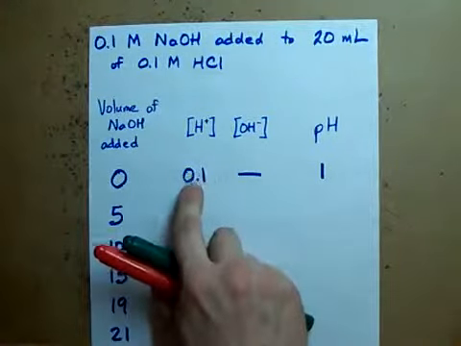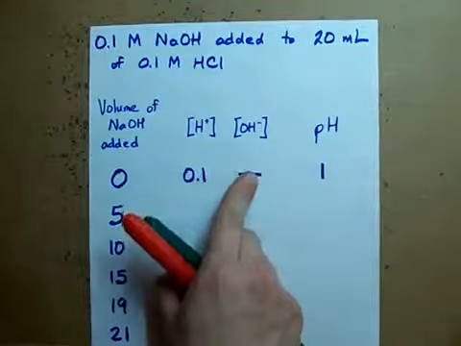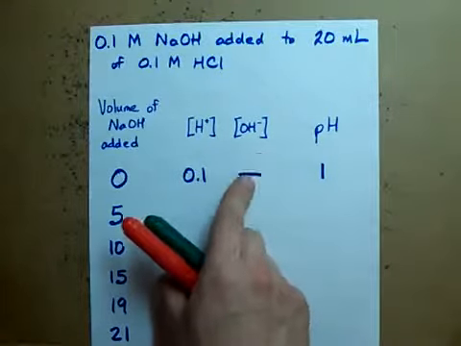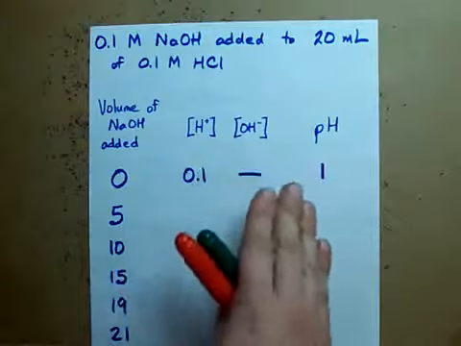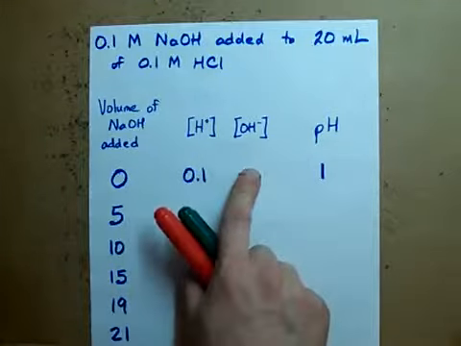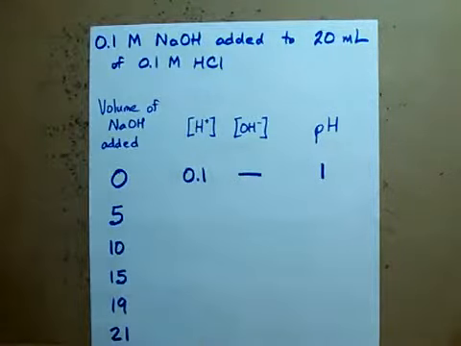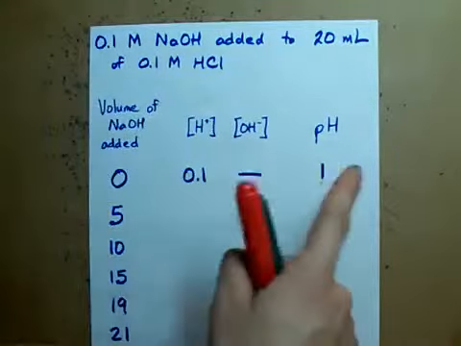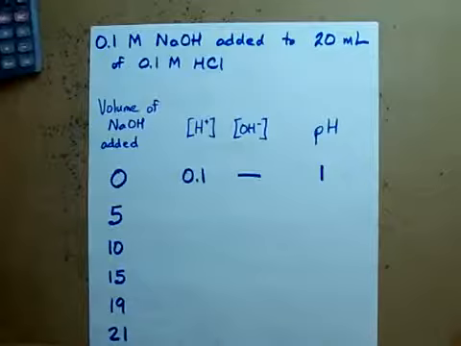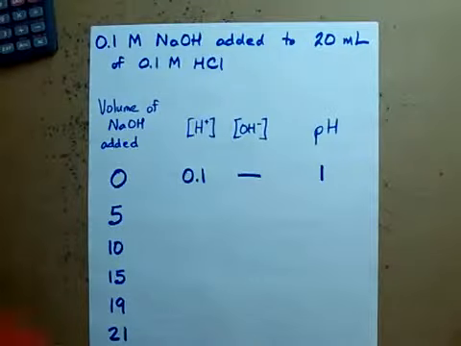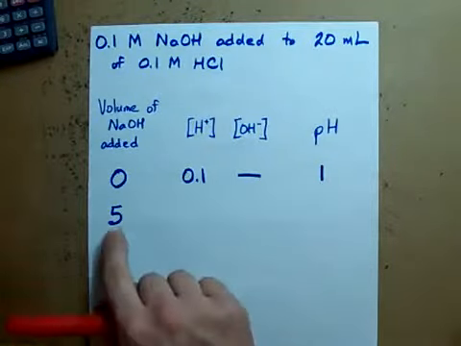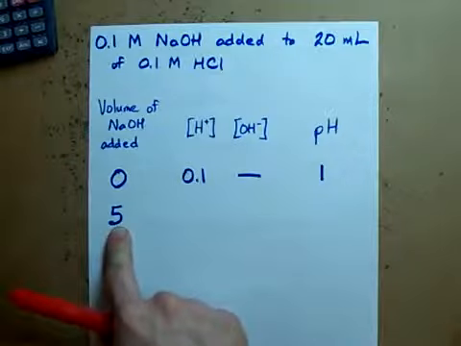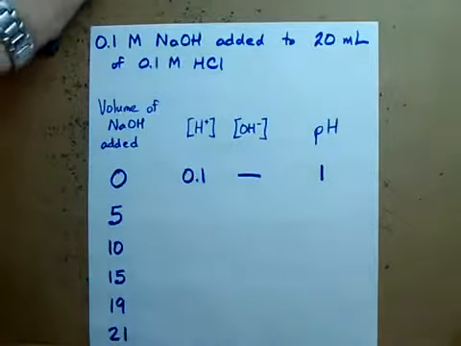Because my H plus is so large, I don't have any OH minus in solution, or very, very little. It's not going to affect anything. If you take the negative log of this concentration on your calculator, you'll find the pH turns out to be 1. So, what happens when I add 5 milliliters of the NaOH?